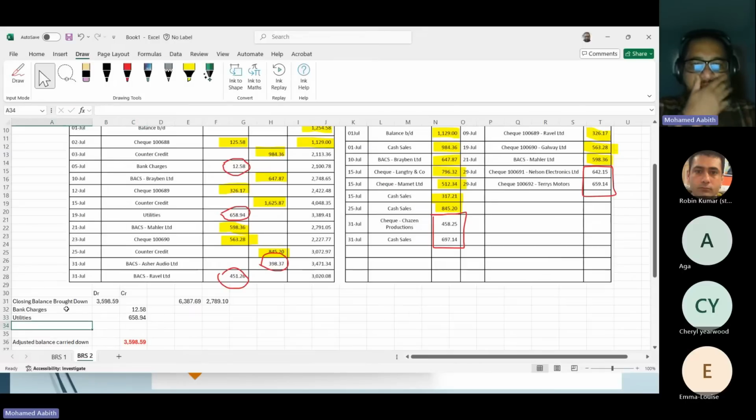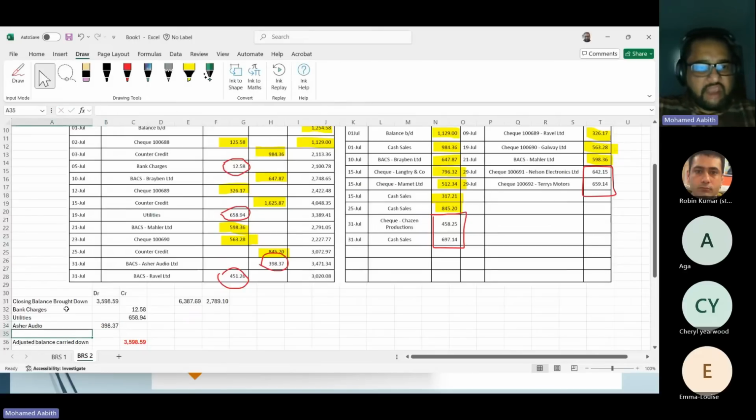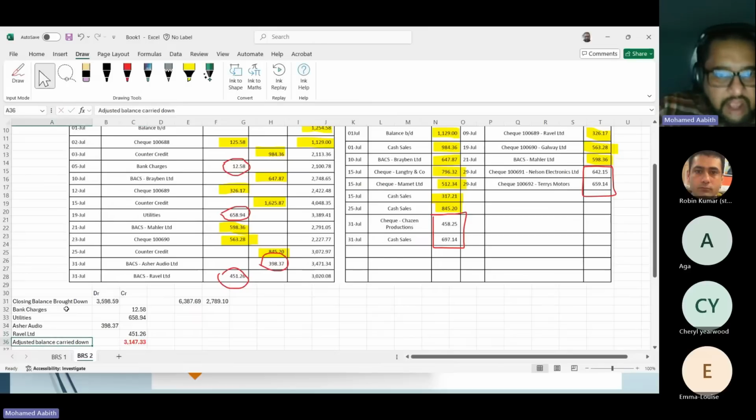And then what we have here, Asher Audio, that is a debit number, which is 398 pounds and 37 pence. And the last but not least, we have Ravel Limited, and that is going to be 451 pounds and 26 pence. I think I have got that right.